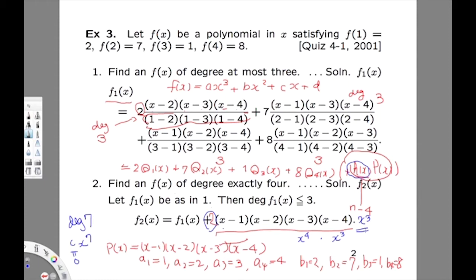But in the former case, degree at most 3, there is exactly one solution. In this case, there is no polynomial of degree at most 2. So the number of solutions is either 0, exactly 1, or infinitely many.